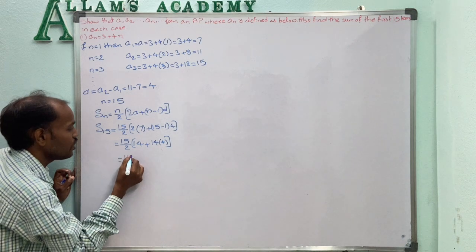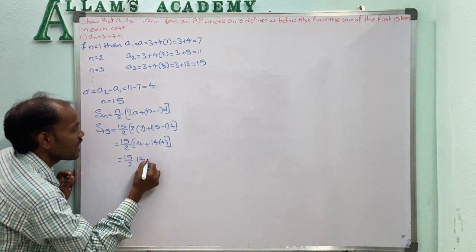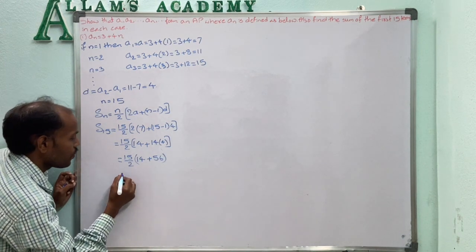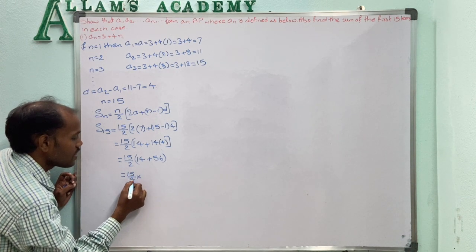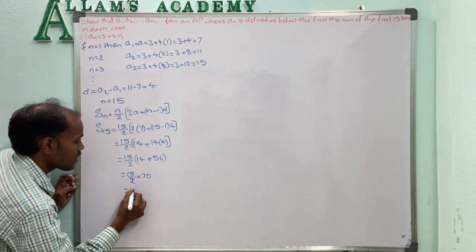So that equals 15/2 × [14 + 56]. 14 fours are 56, and 56 + 14 is 70. Half of 70 is 35.